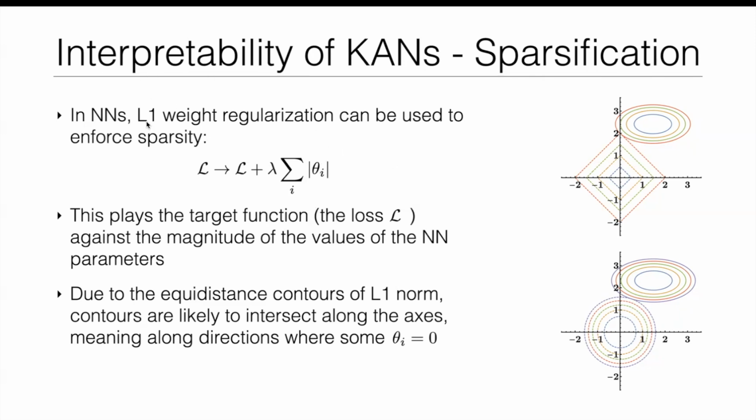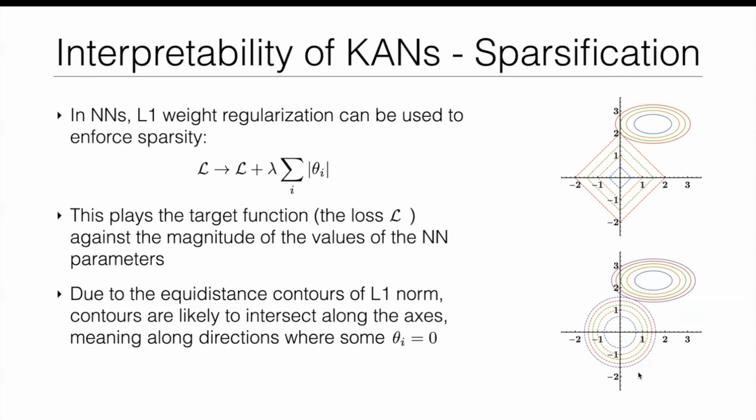And the reason why you use L1 loss and not, for example, L2 loss for sparsification is, let's say this is your loss here. This is the piece from the loss L. This is the piece from the weight regularization. If you use an L1 norm, the lines of equal distance form this square here, and if you now intersect this here, the intersection is very likely to lie along some of the parameters being 0.